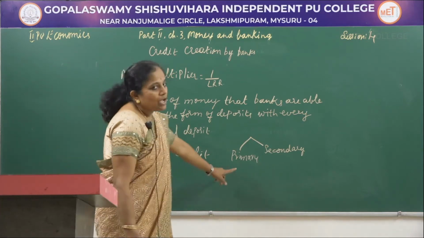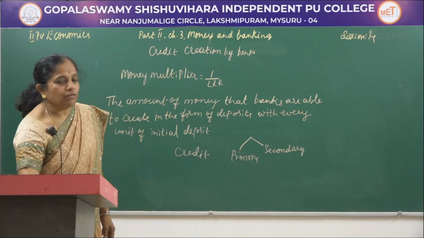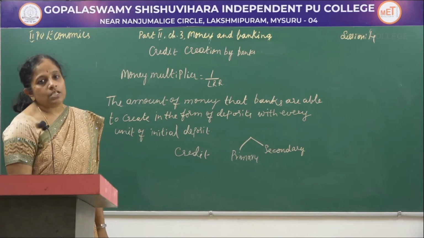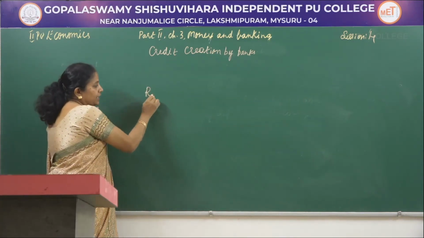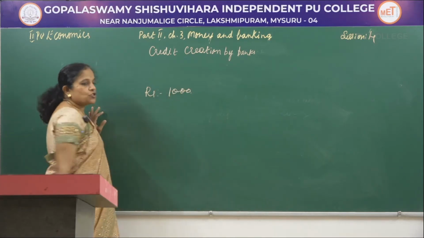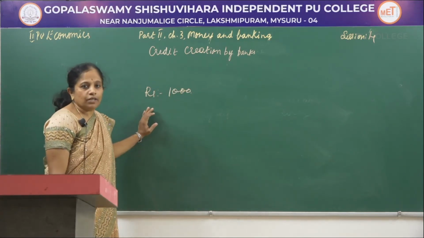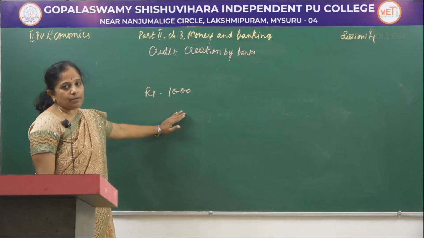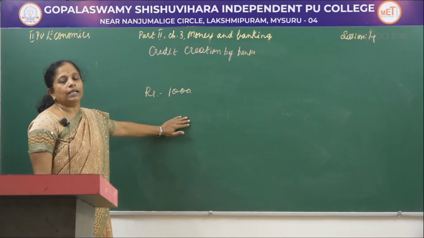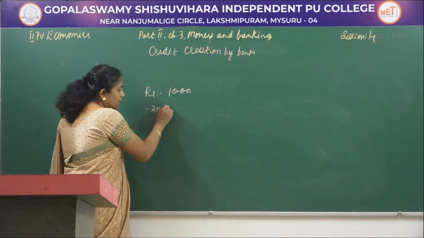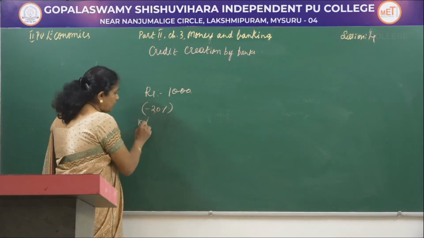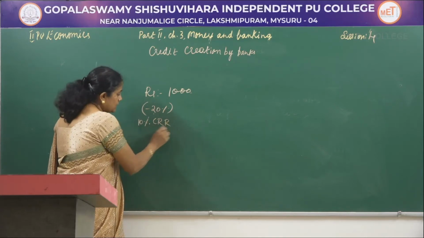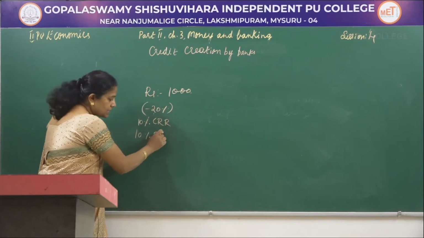So, now let us see how the credit is created from these primary and secondary deposits. If a person enters a bank and deposits rupees 1000 in any commercial bank, this is called the primary or initial deposit, and out of this 20% is deducted, 10% for CRR and 10% for SLR.